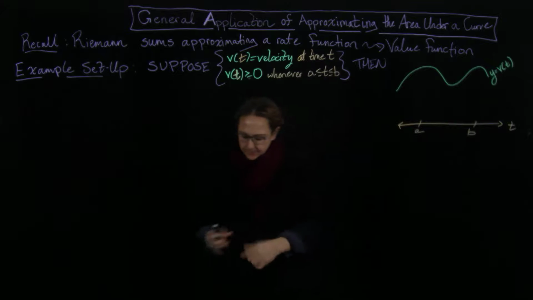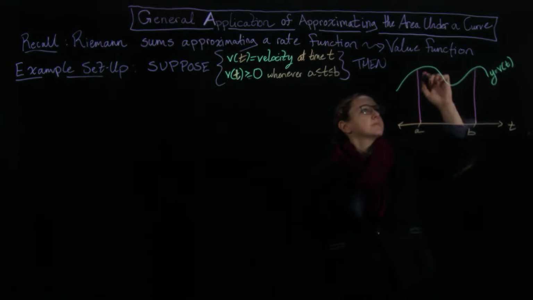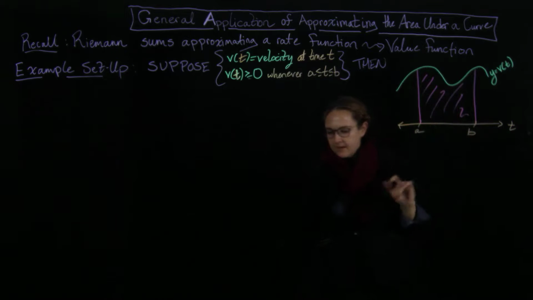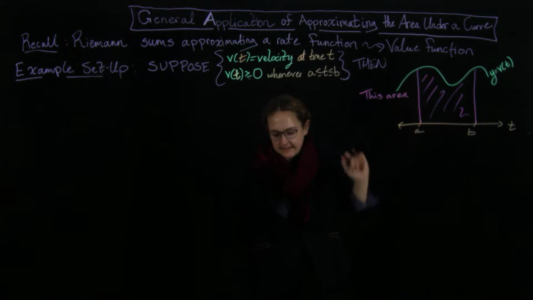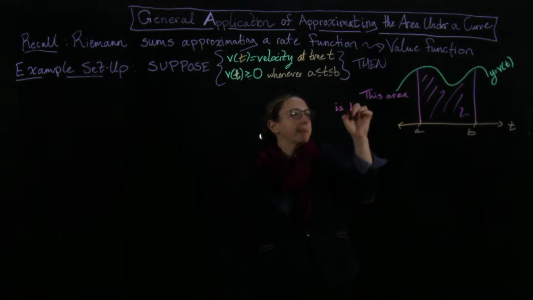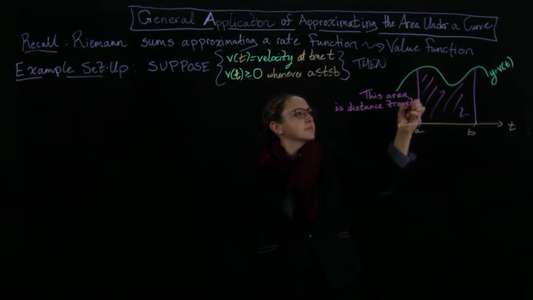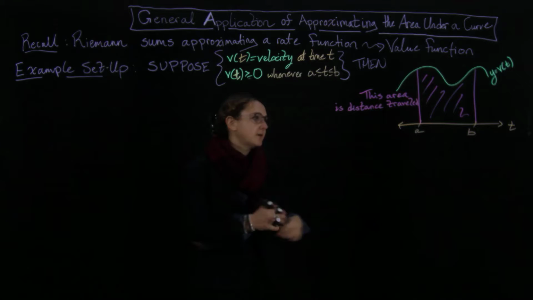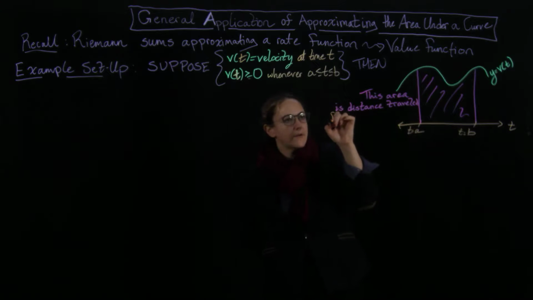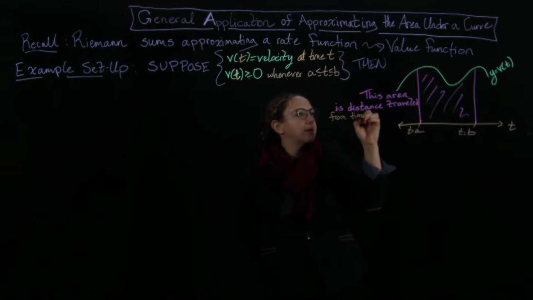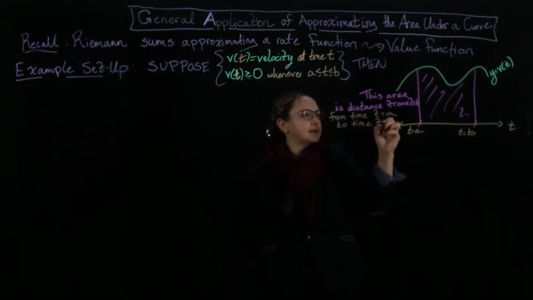And this area is the distance traveled from time t equals a to time t equals b.